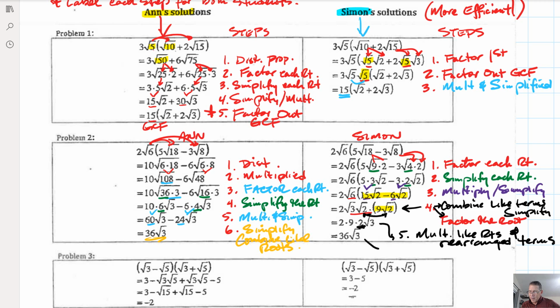And then the last step, number 6, you simply multiply 2 times 9 times 2 is 36. So you multiply and simplify.